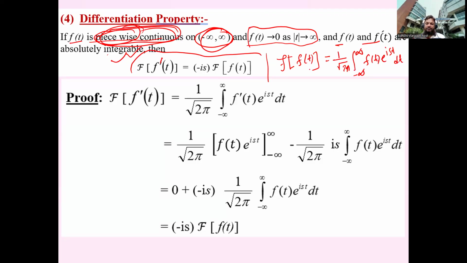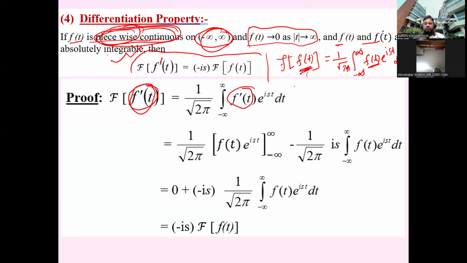So now you can use here the Fourier transform of f(t). This f(t) can be replaced by f prime t. If we replace f prime t here, it will be f prime t also. That's why the function of t is replaced by f prime t on the left hand side and on the right hand side also.